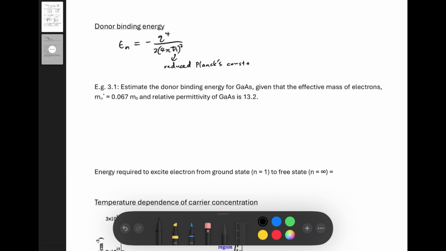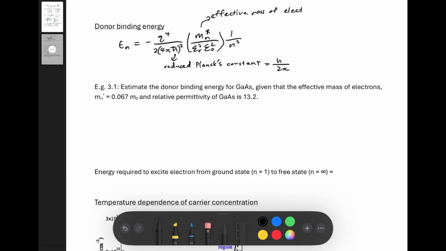And this reduced Planck constant is equal to h over 2 pi, so the Planck constant divided by 2 pi, times the effective mass of electron divided by this. And this is just the effective mass of electron.